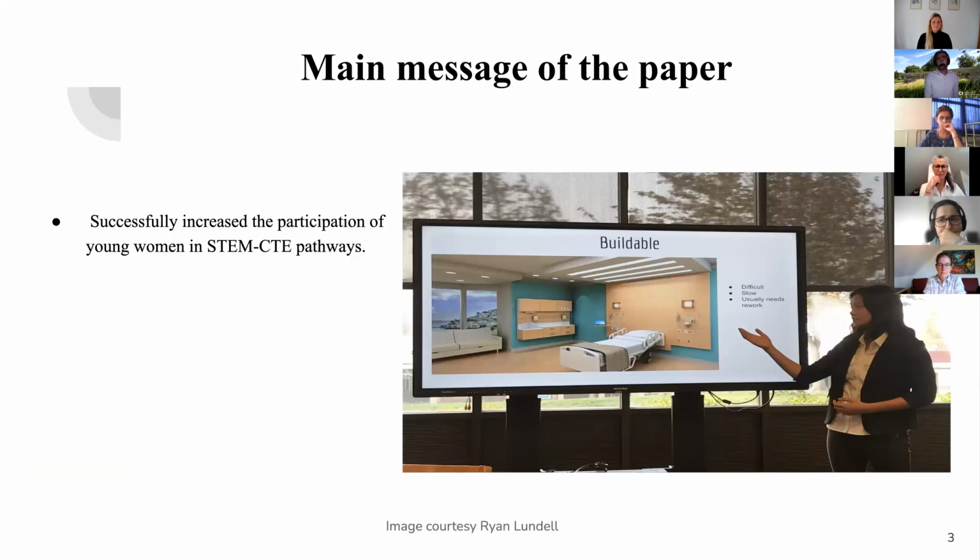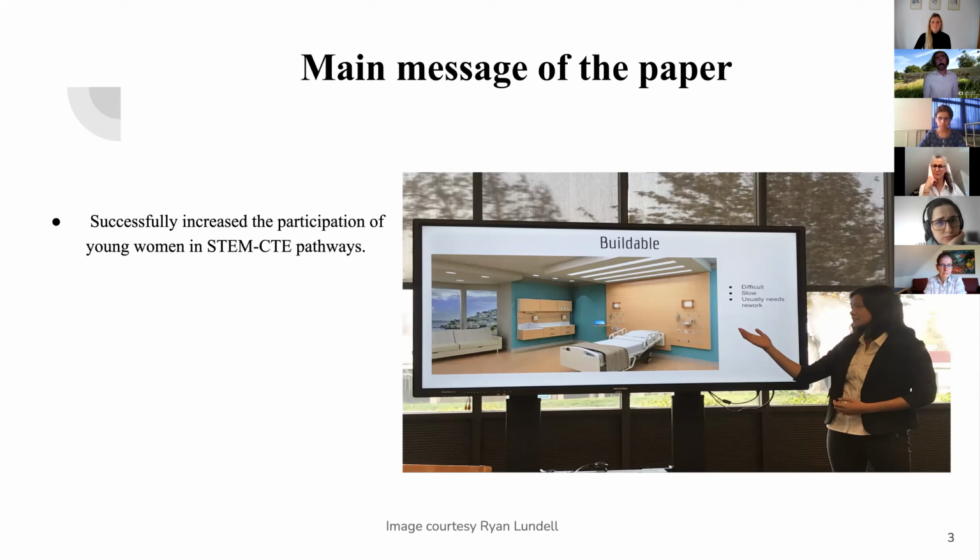So the main message of this paper was really first identifying an issue that we saw in our STEM and CTE pathways, which are science, technology, engineering, and mathematics, and career and technical education pathways. We saw a general lack of female inclusion in the pathways themselves.